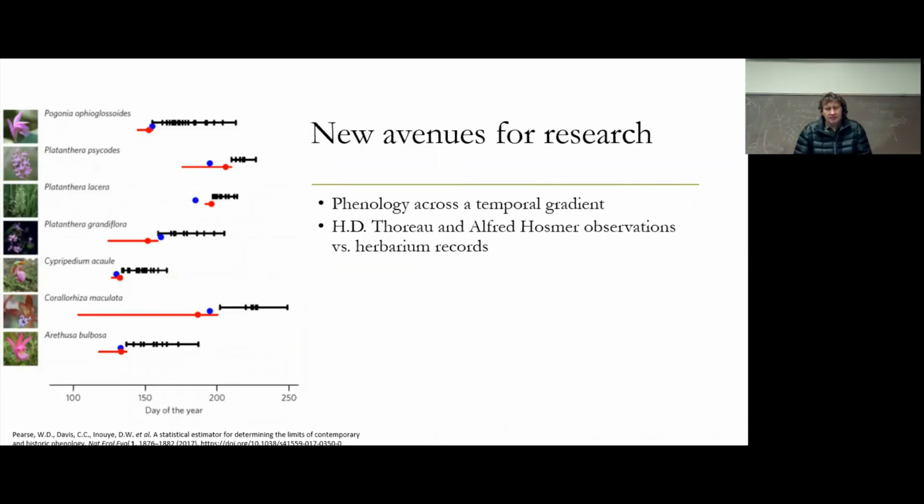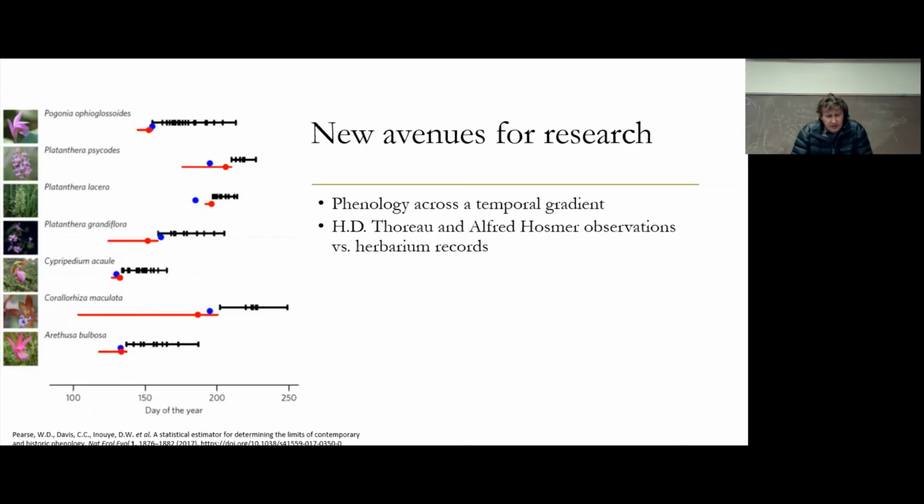Some other studies have looked at a much more historical record, incorporating observations by Henry David Thoreau and Alfred Hosmer. Hosmer had a farm where Thoreau was a frequent visitor. And they made very detailed accounts of when they observed particular species blooming, and that's represented by the blue dots. Those would be the earliest blooming times that Thoreau or Hosmer recorded.